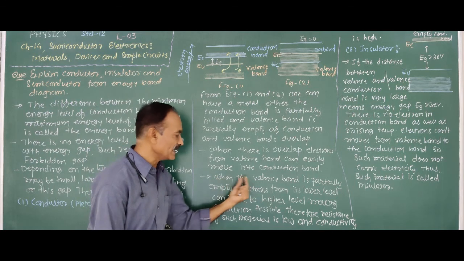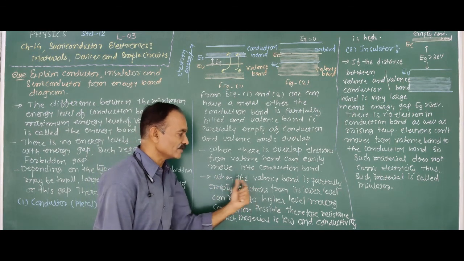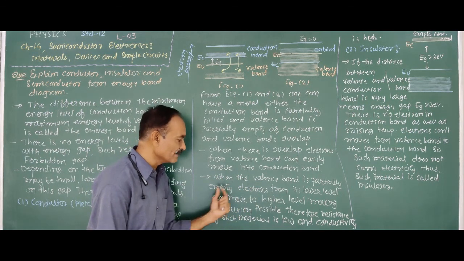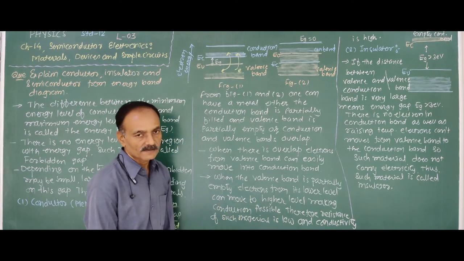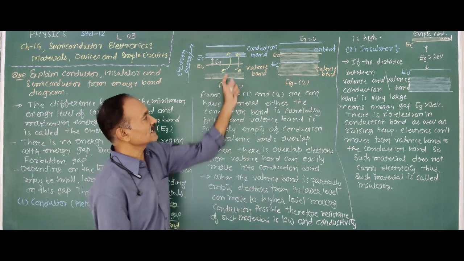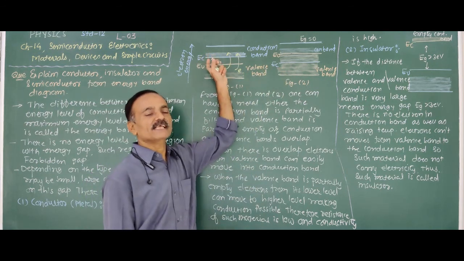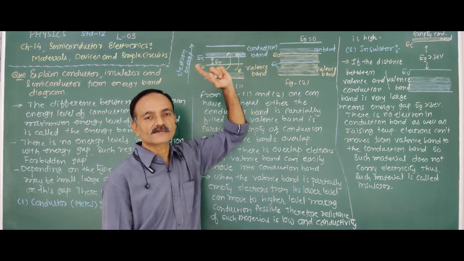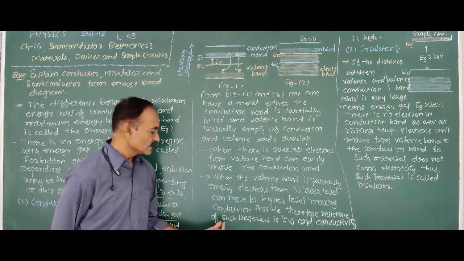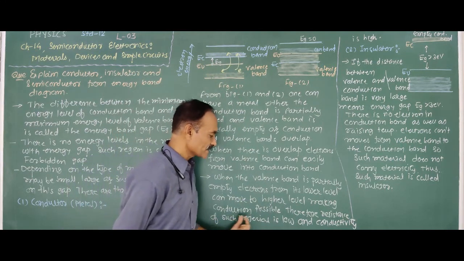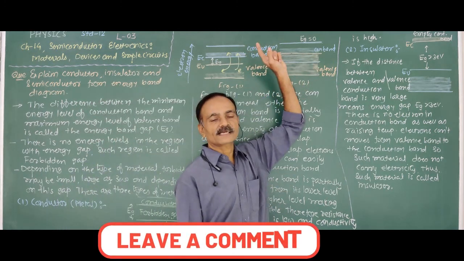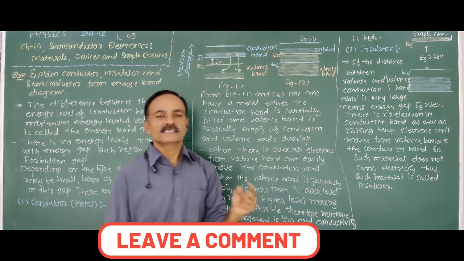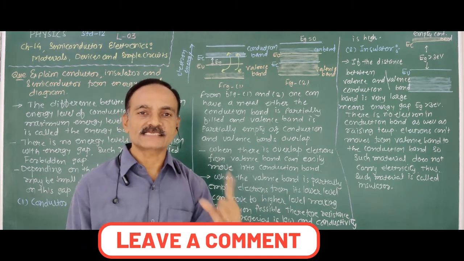And when the valence band is partially empty, electrons from lower energy can move to higher energy, making conduction possible. So in both cases, electrons from the valence band easily enter the conduction band. Therefore, the resistance of such material is less and conductivity is high. Therefore, this material acts as a conductor.